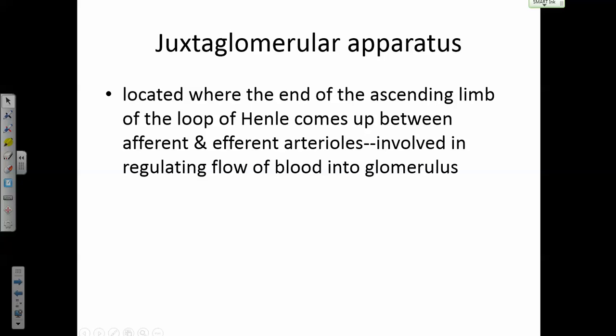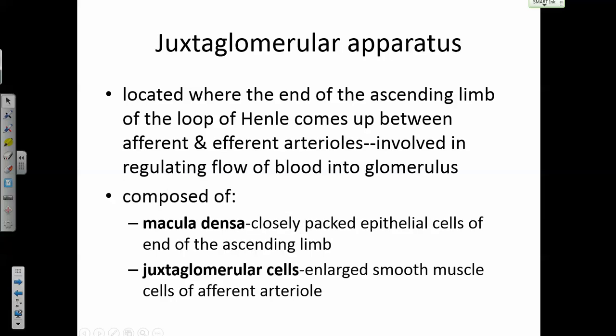But it's where the top of the ascending limb of the loop of Henle comes up between the blood vessels connected to the glomerulus, comes up between the afferent and efferent arteriole. And it basically, in a roundabout way, controls the diameters of the afferent and efferent arteriole, which in turn affects how much blood's going into the glomerulus at each moment.